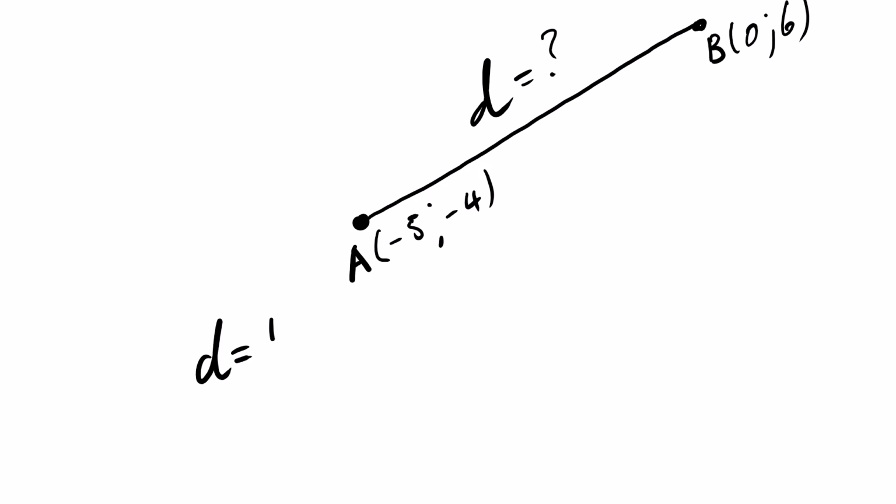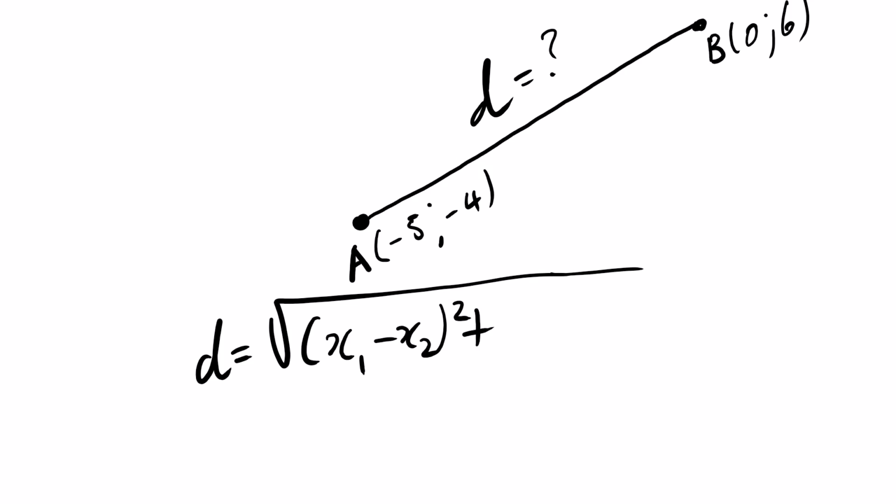So d is equal to square root of x1 minus x2 squared plus y1 minus y2 squared. Now what is important, we need to label our coordinates, actually our points.